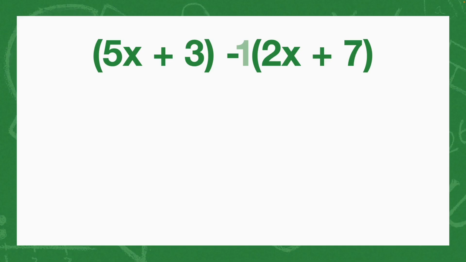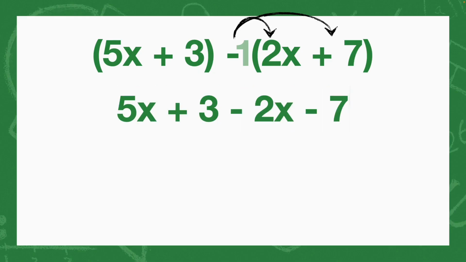So when I distribute a -1 to a 2x and to that +7, the signs are actually going to change to the opposite. -1 times 2x is a -2x, and -1 times a +7 is a -7. So if I rewrite this without the parentheses, my first terms, 5x plus 3, will stay the same, but those second terms, you see the signs have changed to a -2x and a -7.